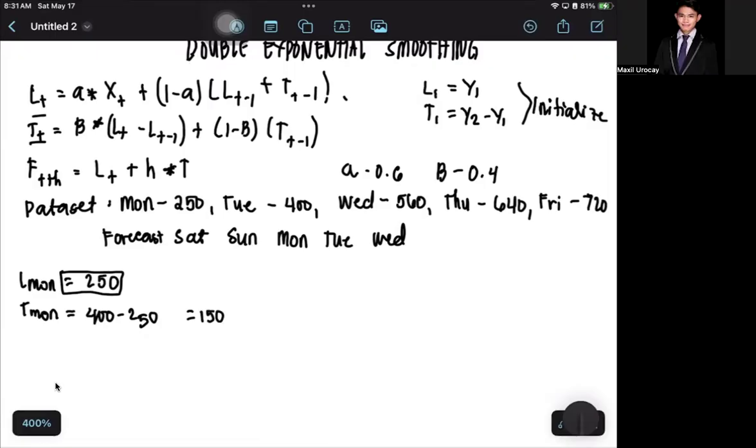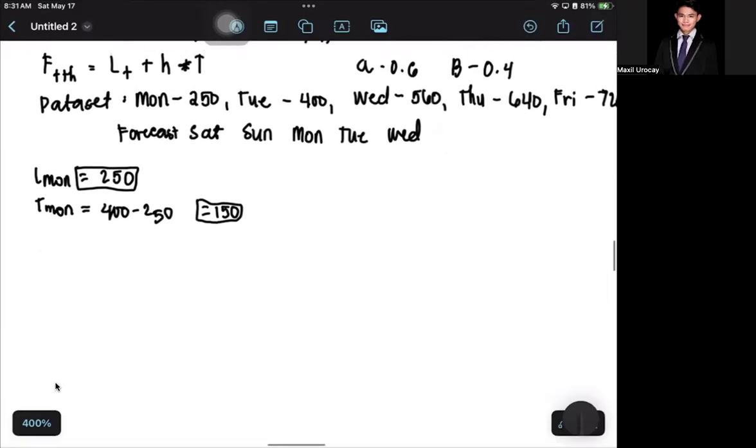That's how you will deal with this calculation for the trend and level. So you were able to have here already the calculation for the level and trend for the Monday.